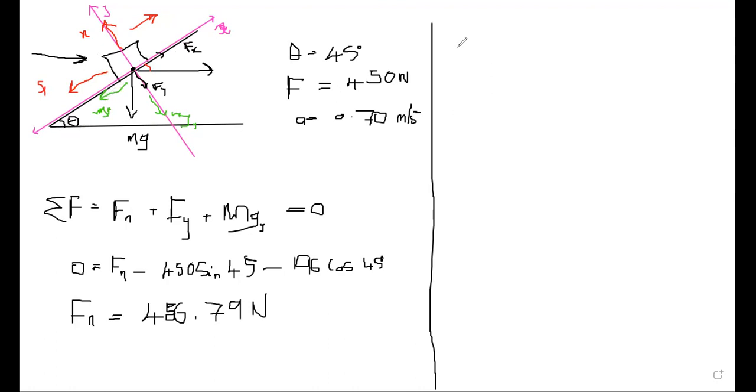So the summation of forces in the x-axis should be equal to MA, second law of motion. So this is also equal to the total vector sum of all these forces.